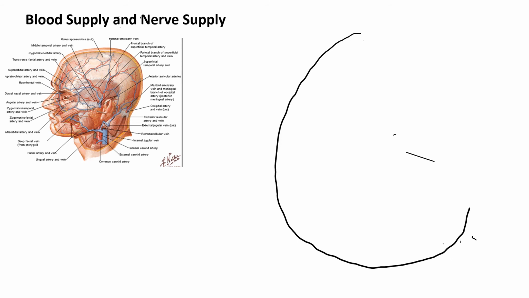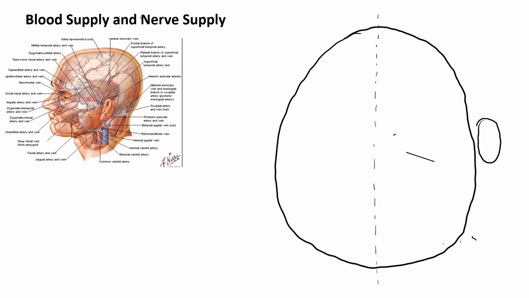Right. Now, on one side, I'm going to draw the arterial supply, and on the other side, I'm going to talk about the venous drainage. So I'm going to divide it into two halves. This is the auricle, which we're using as a landmark. All right.